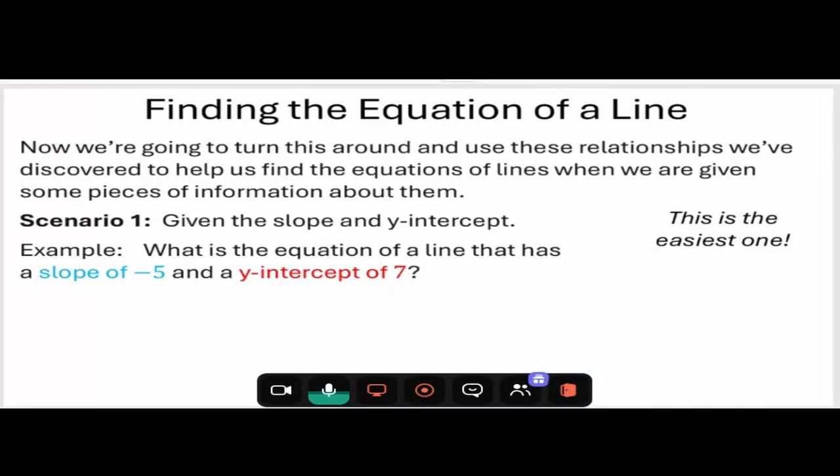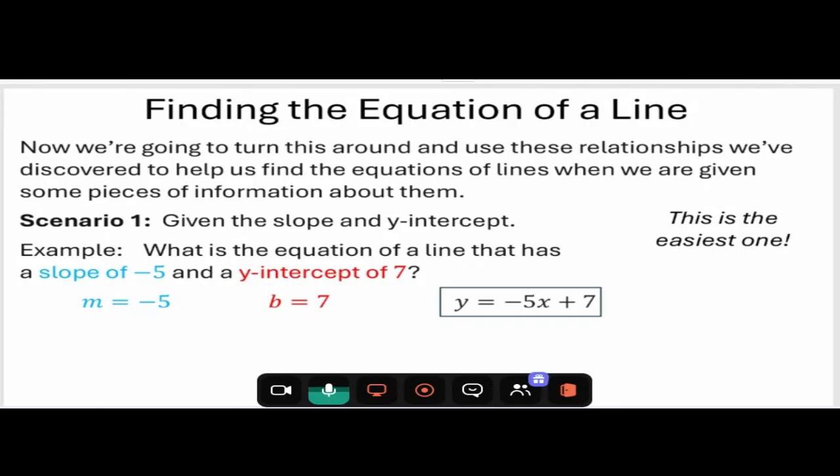The slope is -5, the y-intercept is 7. We know that y equals mx plus b is the equation, so we just pop the -5 in for the m and the +7 in for the b, and we are off to the races. There is the equation of that line that they described to us, right?